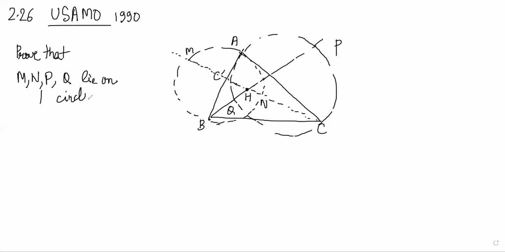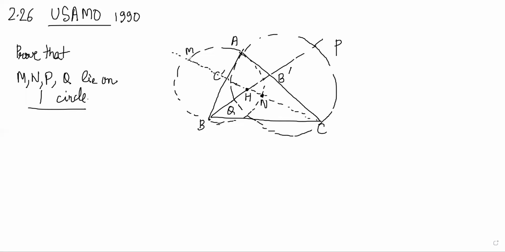Do you understand the question? Yeah, I'm drawing the graph. We have a triangle. We take AB and AC sides and we draw two circles with AB and AC as diameters, right? And then we draw two altitudes, CC' and BB', and extend the altitudes in such a way that they will cut the circles at 2 points.